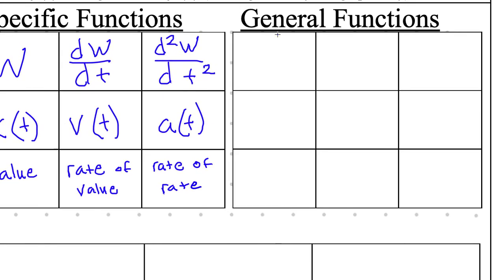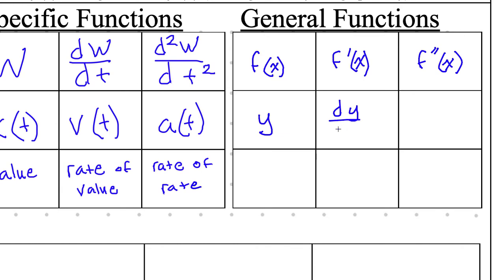So let's talk about functions now. Those are specific functions, general functions. If I have some f of x, the derivative, we'll use prime notation now. This is going to be f prime of x. And the second derivative is f double prime of x. Nice, yeah. Okay, let's try the other notation, the fraction notation. If I do y with respect to x, this is dy over dx.